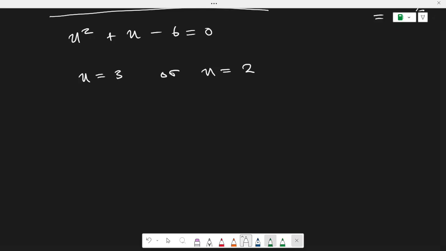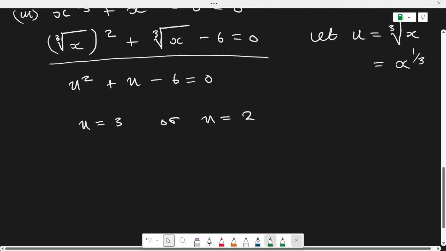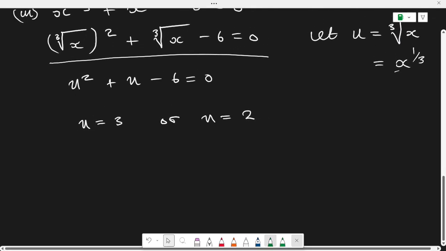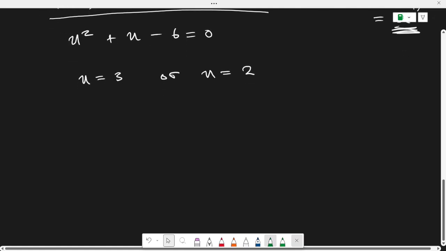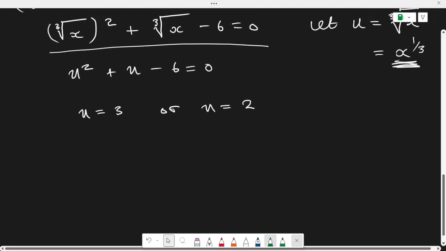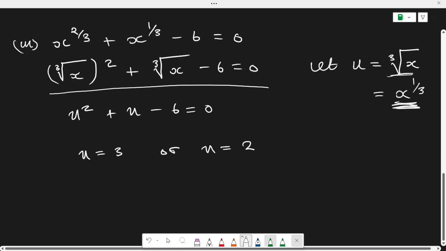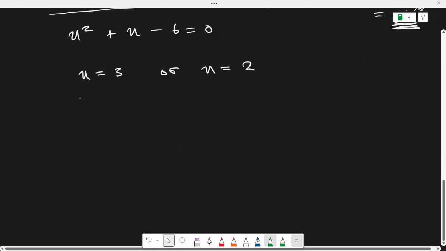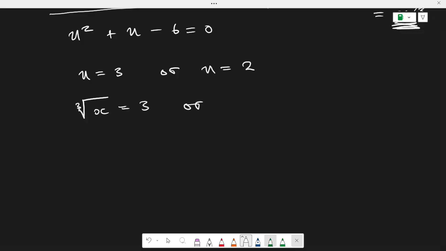Once you reach this stage, the next thing you want to do is to bring back this. Okay, so we're going to say cube root of x is equal to 3, or cube root of x is equal to 2.